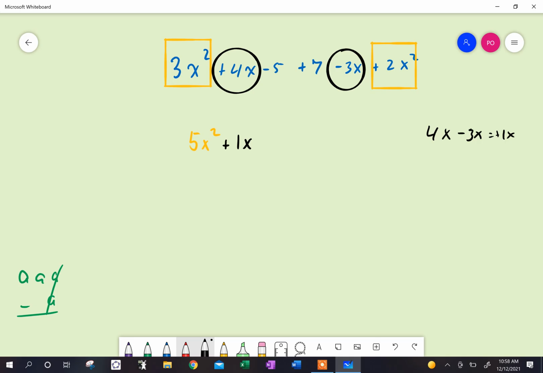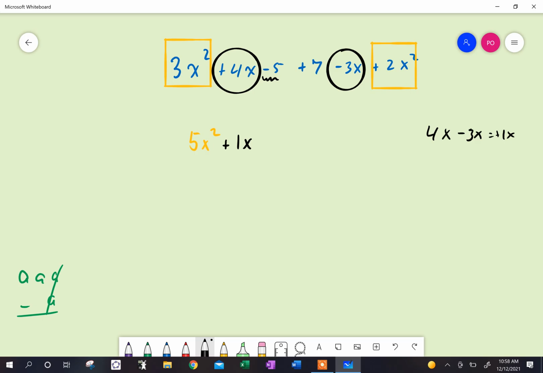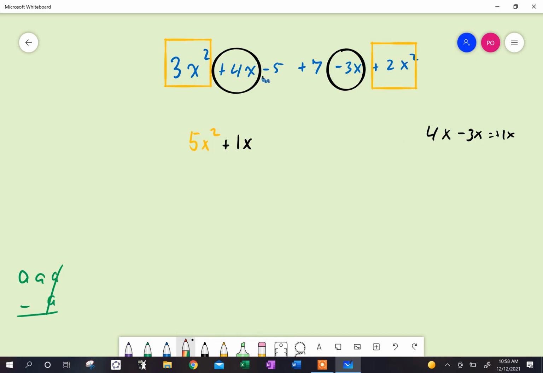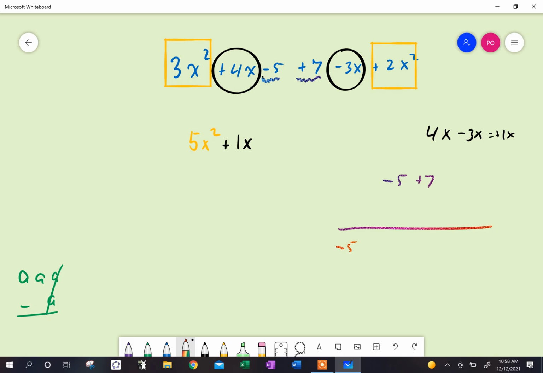And then finally, I'm going to use a -5 and a +7. So a -5 and a +7. If you're not sure, start at -5 on your number line. -4, -3, -2, -1, 0, 1, 2, 3.